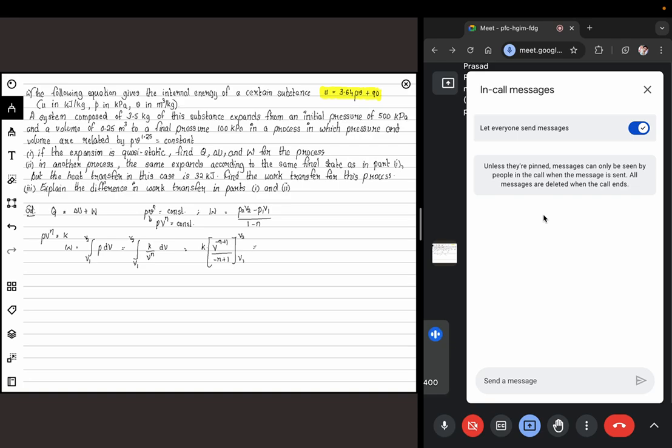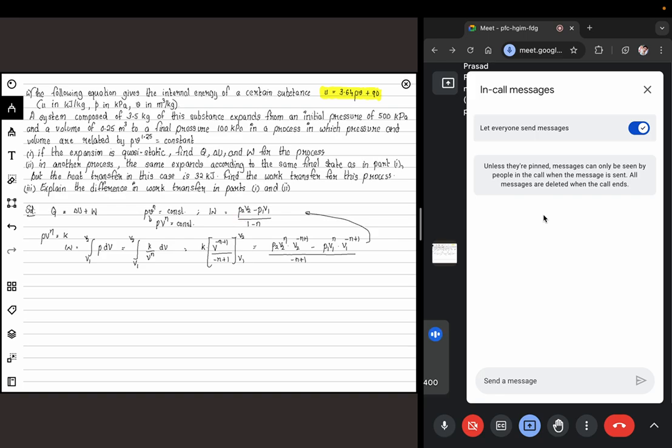So you can write K as PV to the power n. That is, I can write K as P2 V2 to the power n times V2 to the power minus n plus 1, minus, again I'll write K for the second term as P1 V1 to the n, V1 to the power minus n plus 1, over minus n plus 1. So this leads us to this equation, P2 V2 minus P1 V1 by 1 minus n. That is my net work done.